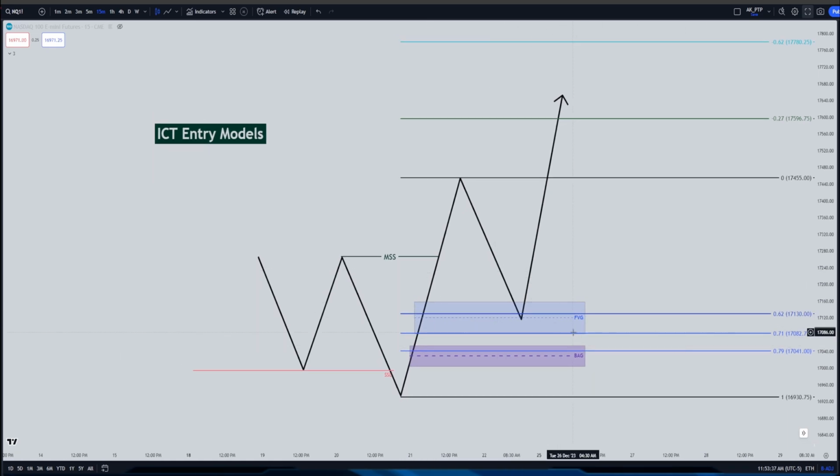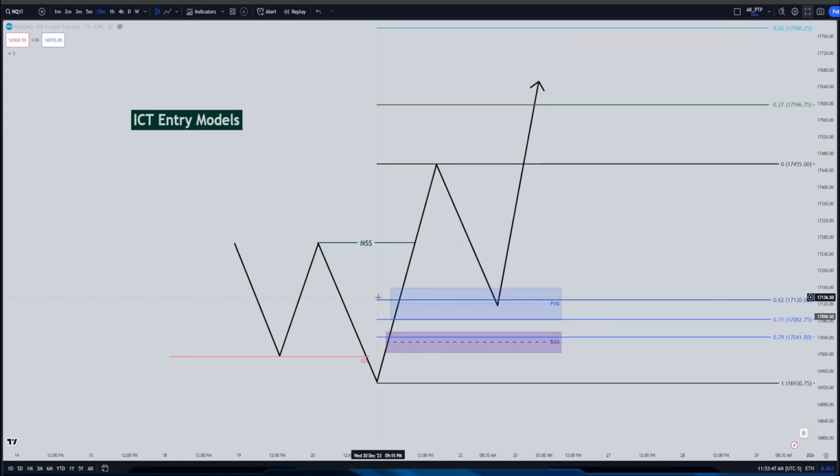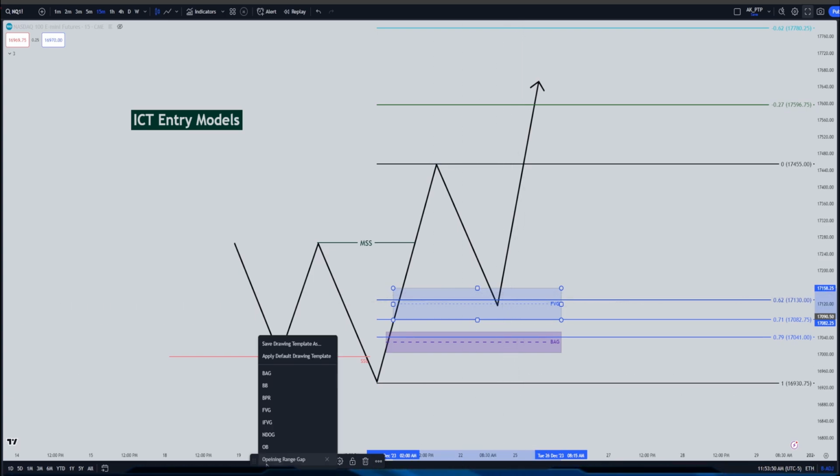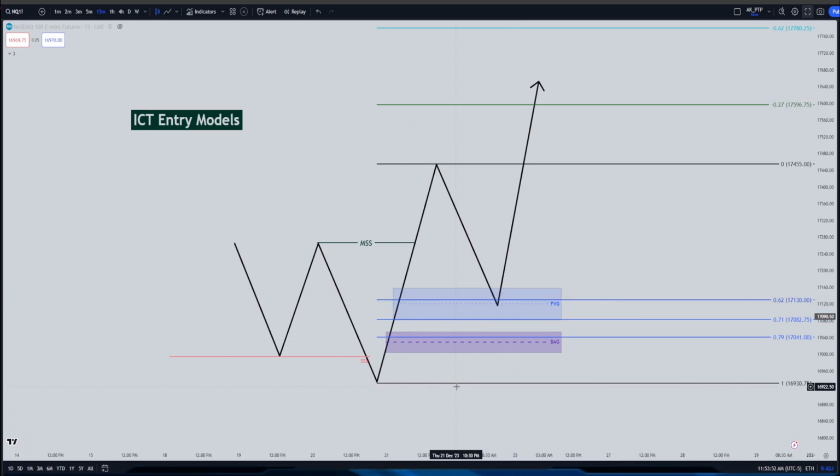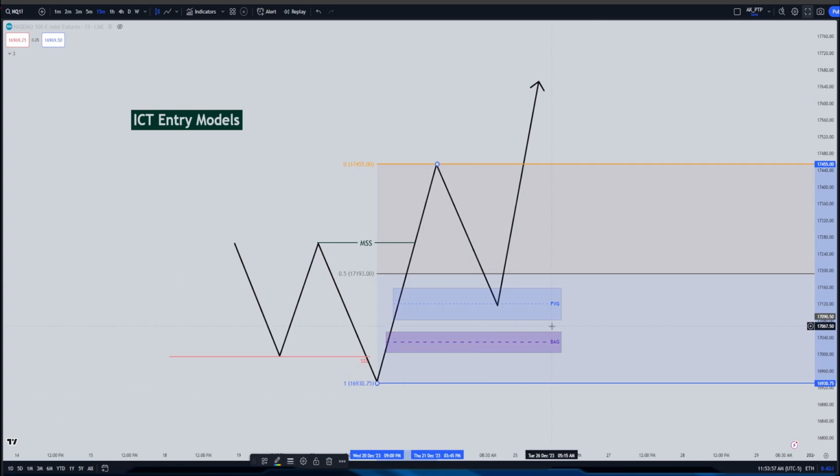So what I'm doing here is I'm waiting for all those things happening on the lower time frame and the higher time frame. At the same time, I'm using fair value gap, OTZ, and premium and discount array. So 3 or sometimes even 4 methods together to enter into a trade.